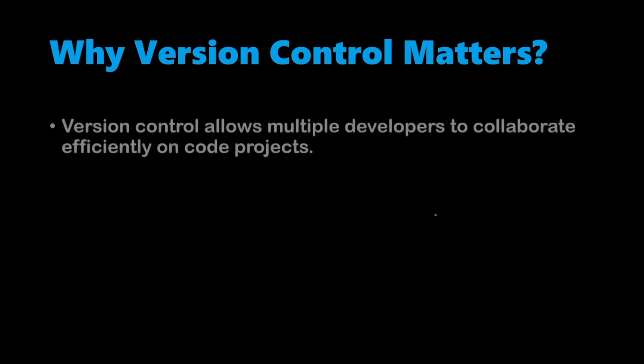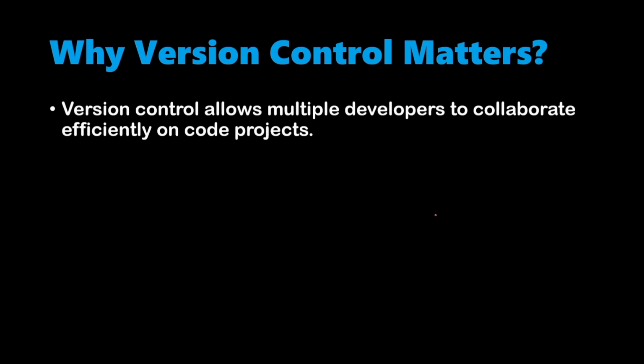What does the version control system do and why does version control matter? Let's see. Version control allows multiple developers to collaborate efficiently on a code project. As I told you before, when the team is working on a large scale project, there are several developers working together to write the code, and each part of code is divided among them.